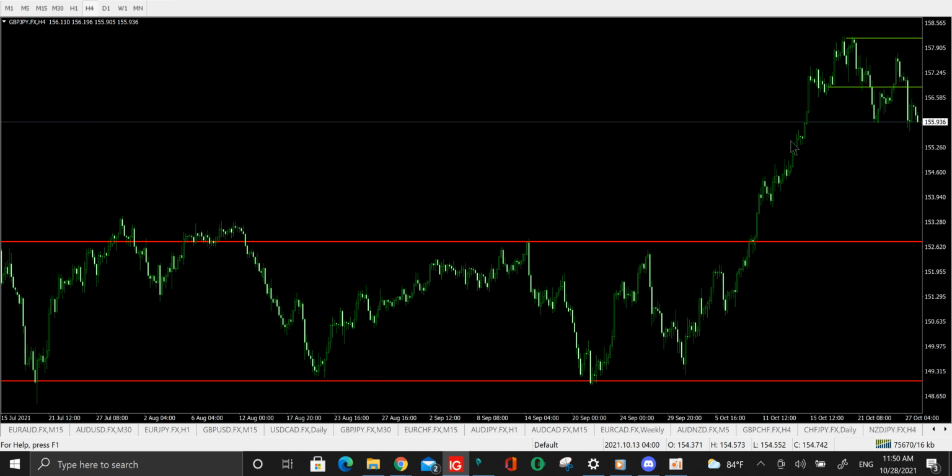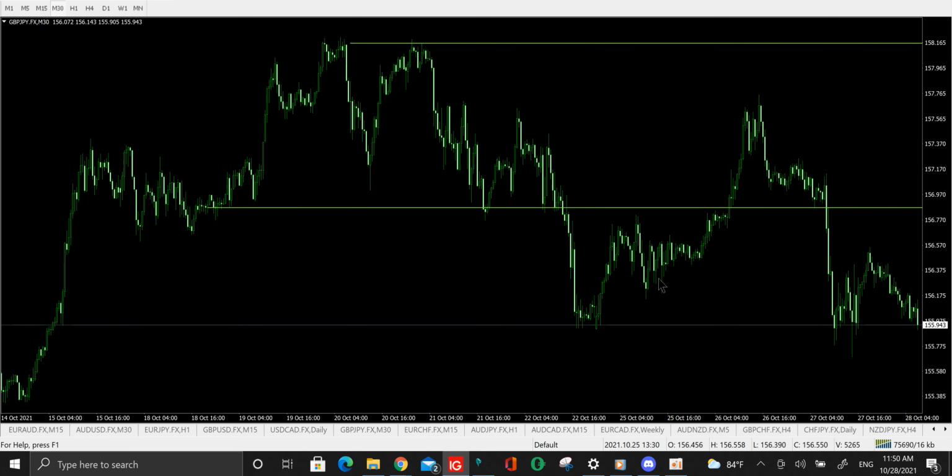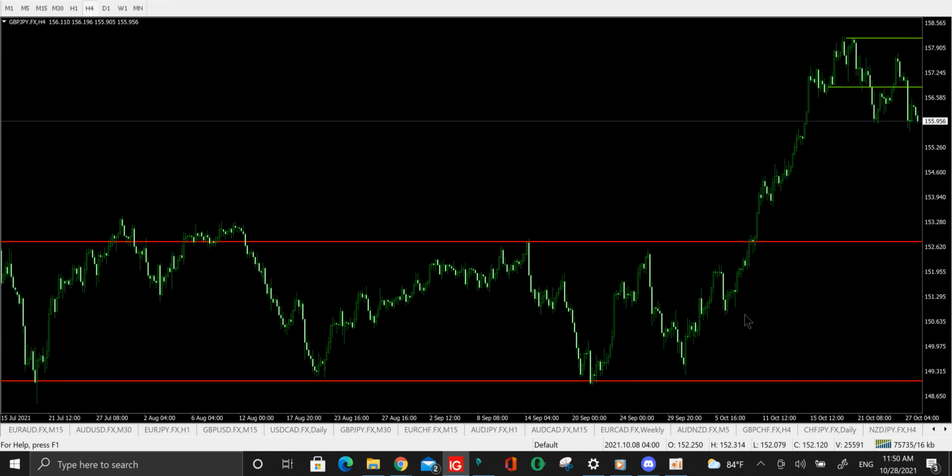So let's disregard this trend going to the downside, and let's focus on what the sellers are doing in this trend. As we can see, there was a bullish trend, and it seems like the majority of the sellers came in to eliminate this bullish trend. They didn't come in to eliminate the bigger bullish trend, which is this. They only came to cross out this trend.